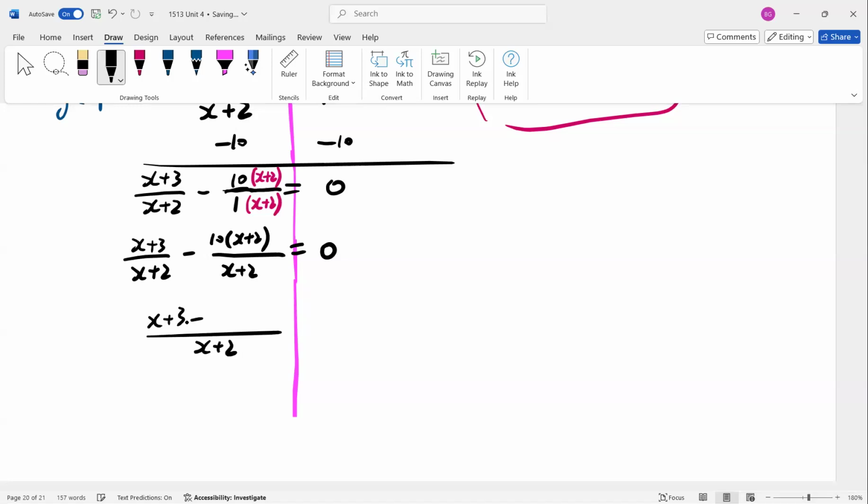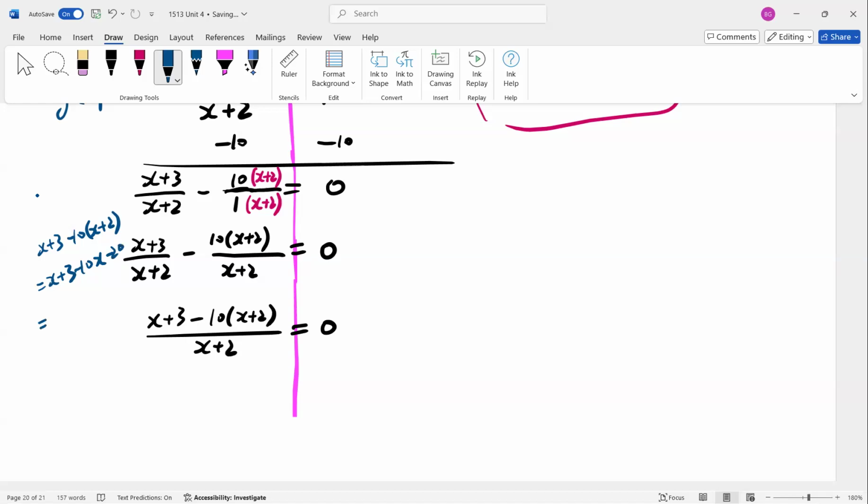x plus 3 minus 10 times x plus 2. Those small details matter, you know. I'm going to simplify the top right here. x plus 3 minus 10 times x plus 2 in blue color equals x plus 3, distributive property, negative 10 times x, negative 10 times 2 is negative 20.